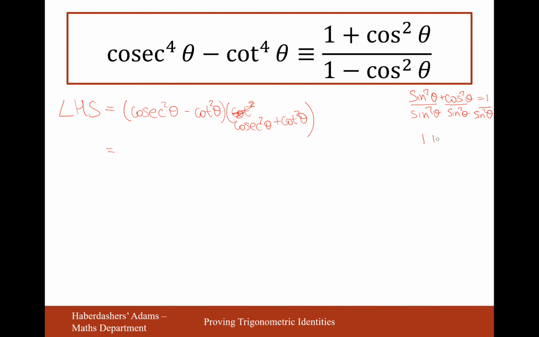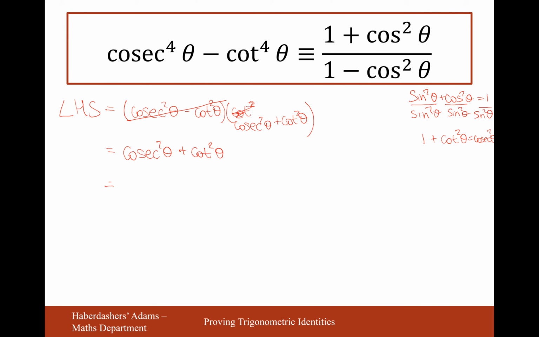So it's going to be 1 plus cot squared theta equals cosec squared theta. So therefore if I take cot onto the other side, it's cosec squared minus cot squared equals 1. So now all I'm left with on the left hand side is cosec squared theta plus cot squared theta.